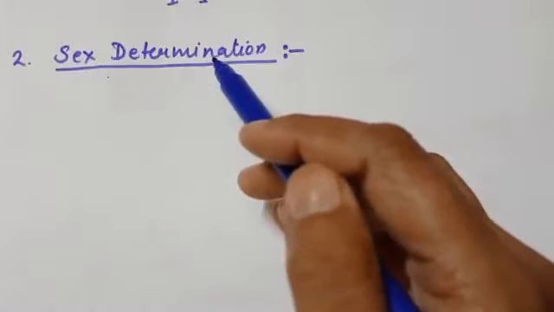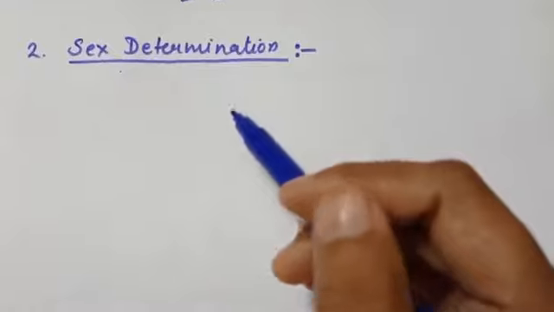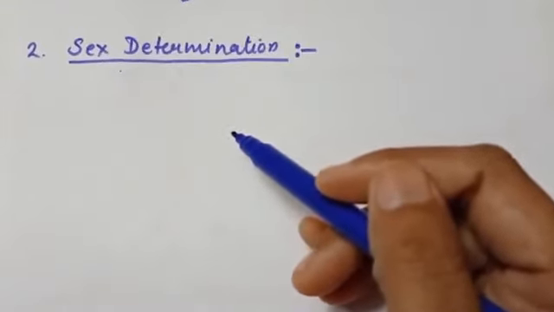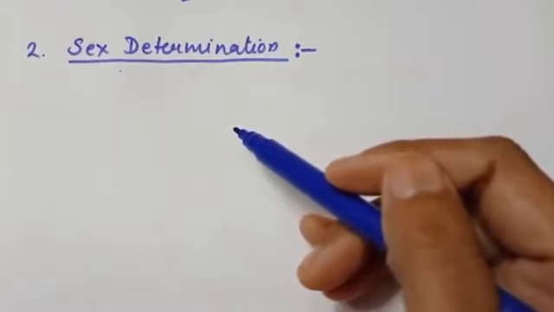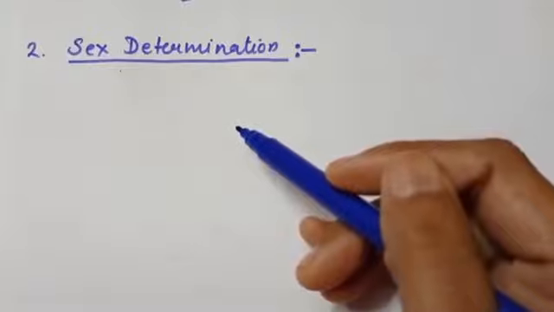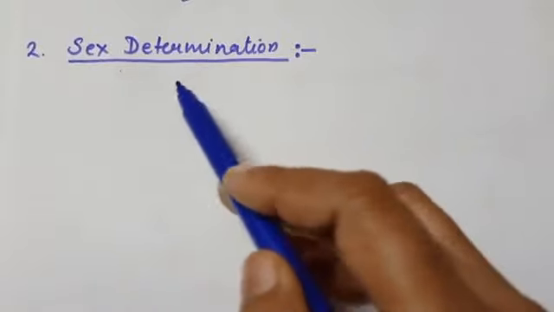How are these things getting decided inside the womb? Actually, it is not decided in the womb, it is decided at the time of fertilization, zygote formation.